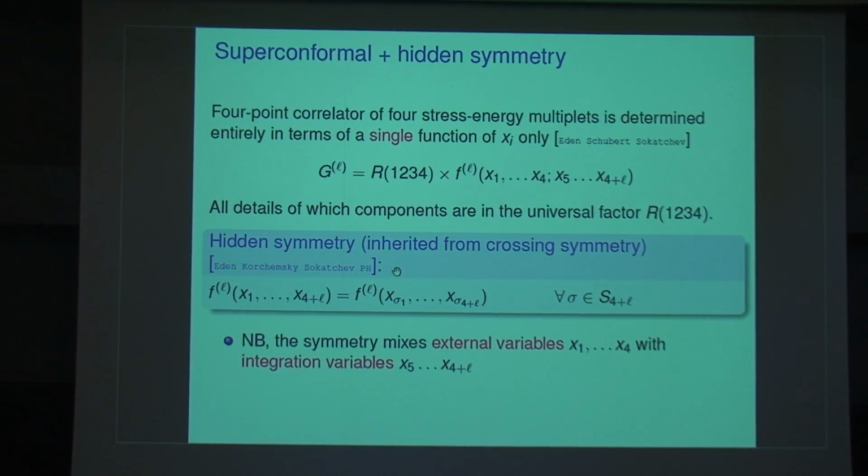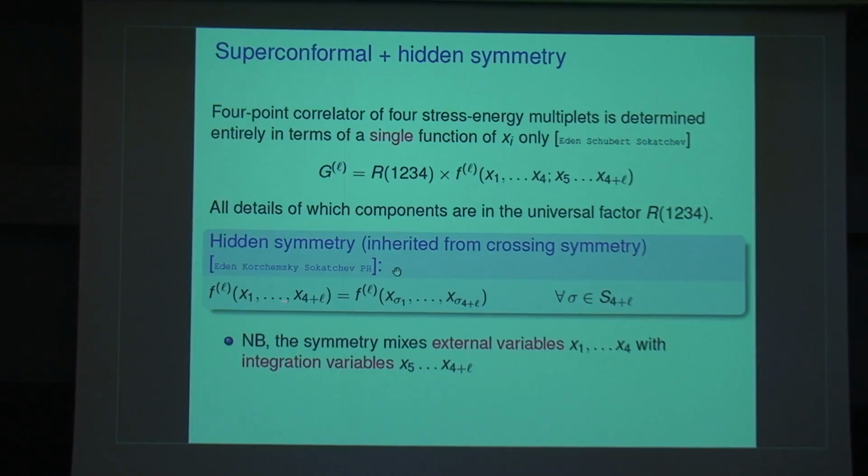And then the hidden symmetry, which is a very non-trivial consequence of crossing symmetry together with superconformal symmetry and the structure, gives us this hidden 4 plus L permutation symmetry.